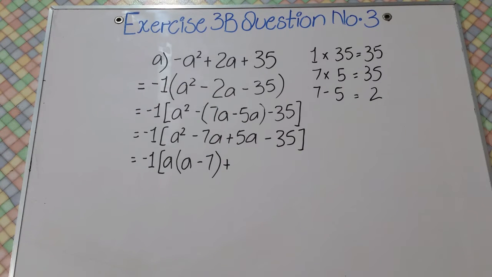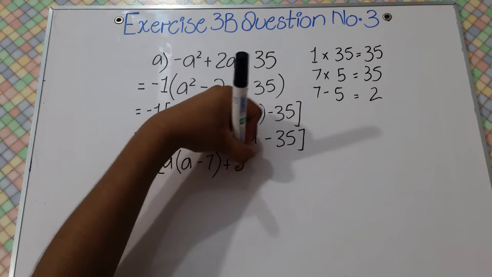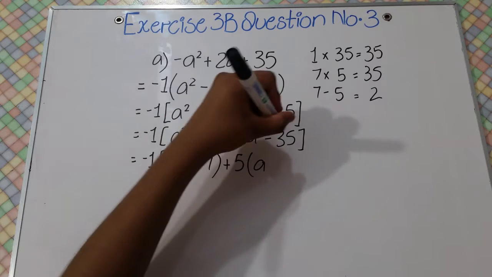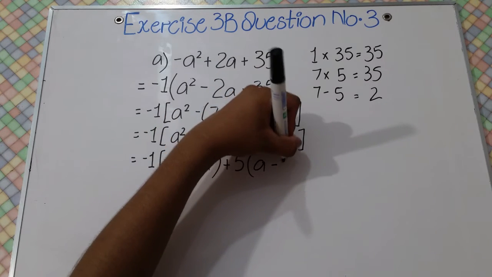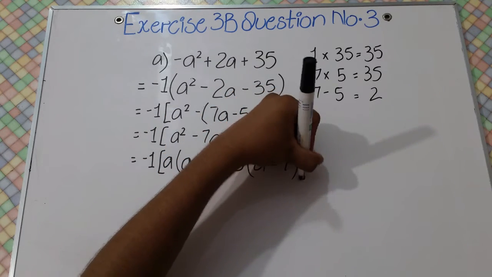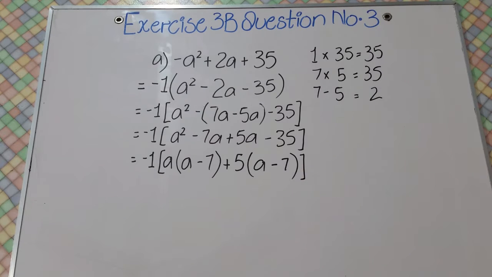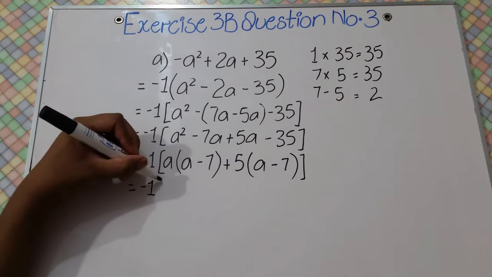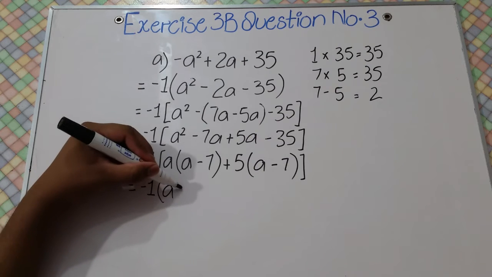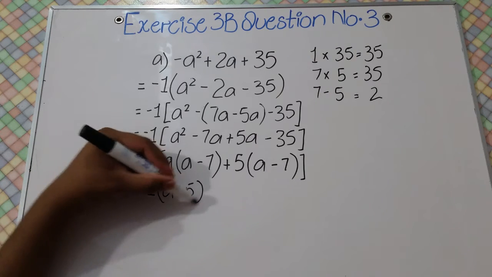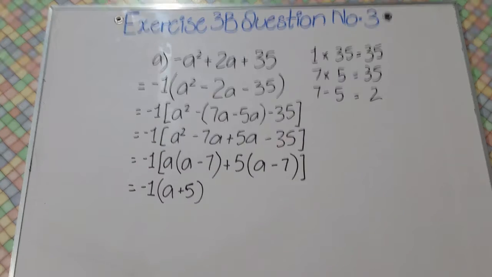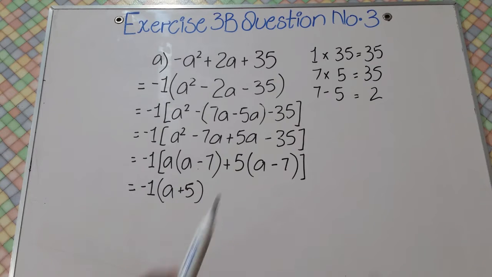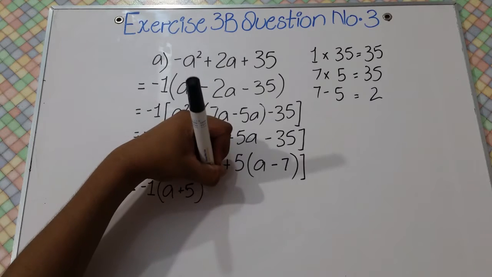Over here 5 is common, and A and 5, 7 the 35, so minus 7, bracket close. Now simply we are going to make the brackets. One time I'm going to write A plus 5, and as you all know, I have said also that if this and this bracket are same in factorization, means you are doing it correctly. Okay, so one time I'm going to write A minus 7.